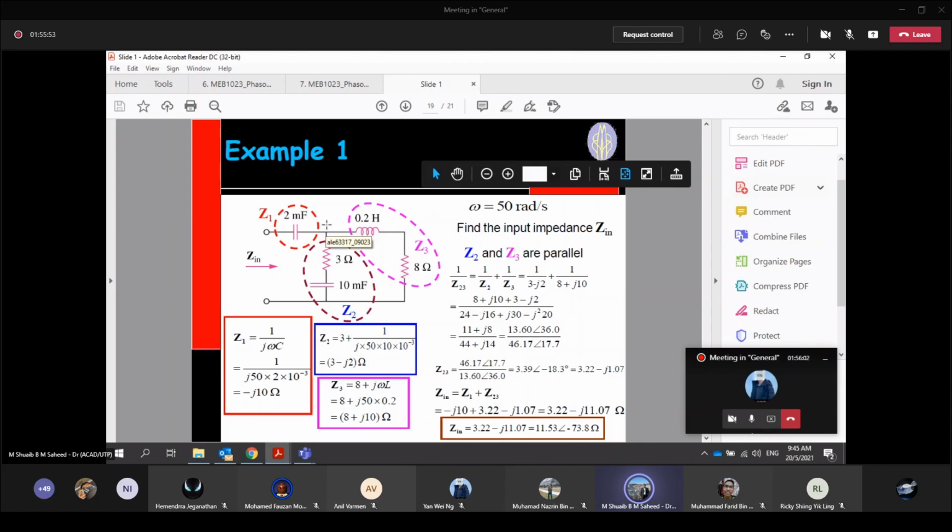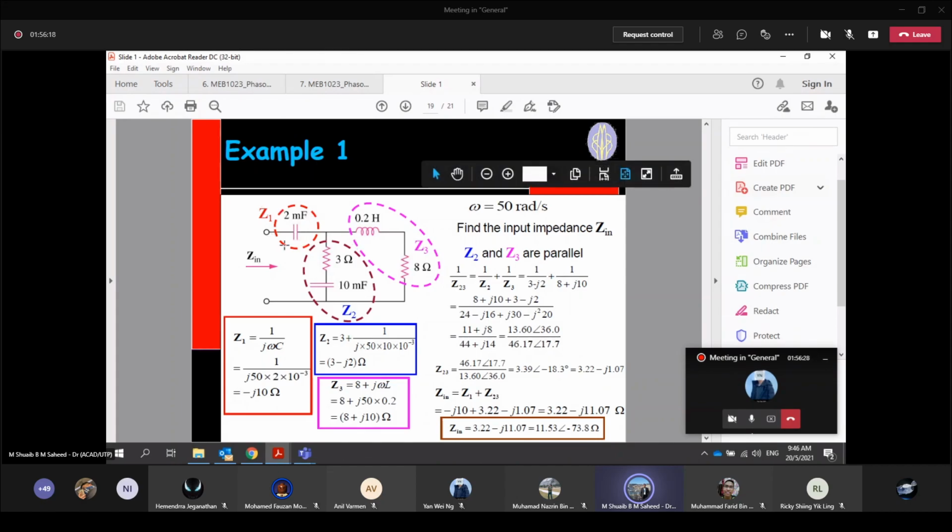the first thing you should do is to change all of these components to reactance and resistance only, with the symbol ohm for uniformity. You cannot solve this by only taking this value directly. That will be wrong. So now you can change all of these components.